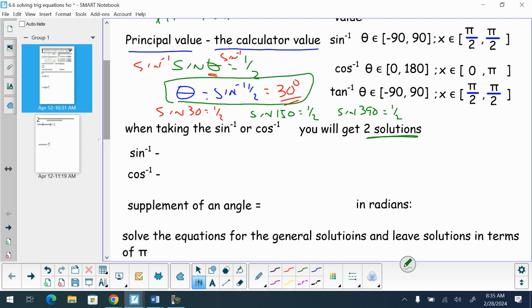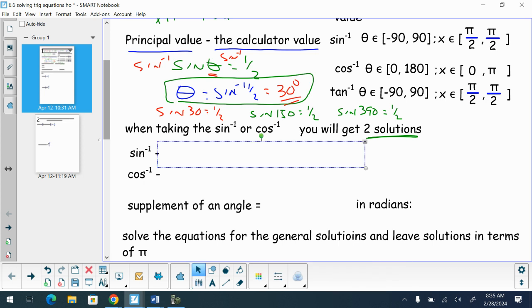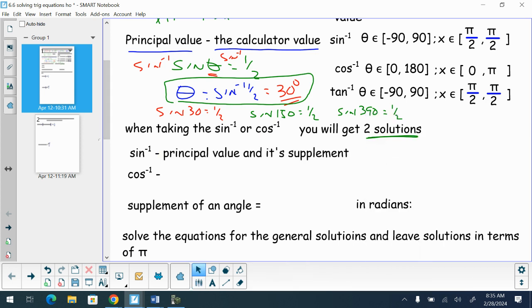When dealing with the inverse sine, you get that principal value, which is your calculator value, but you also need to deal with its supplement. So you have the principal value and its supplement.